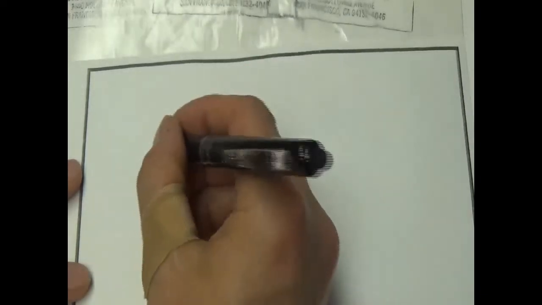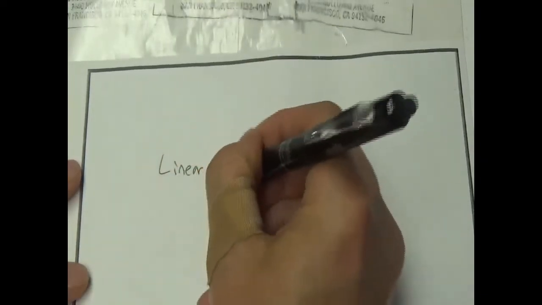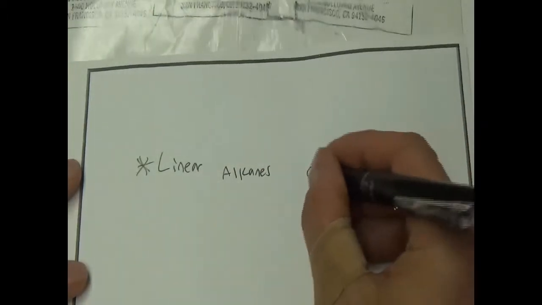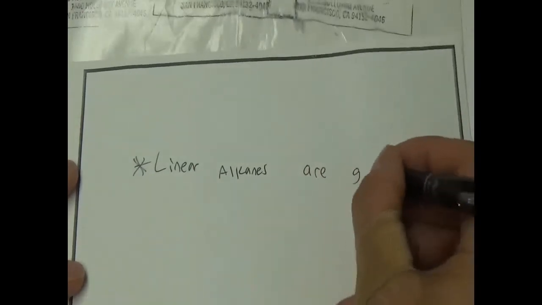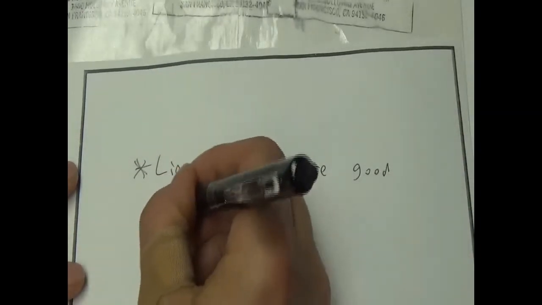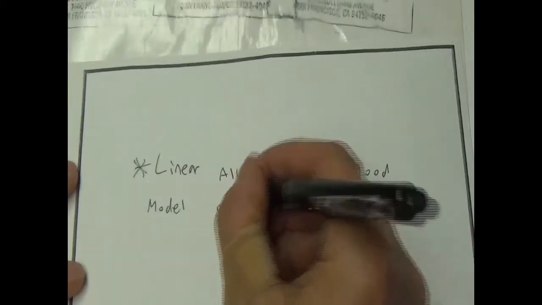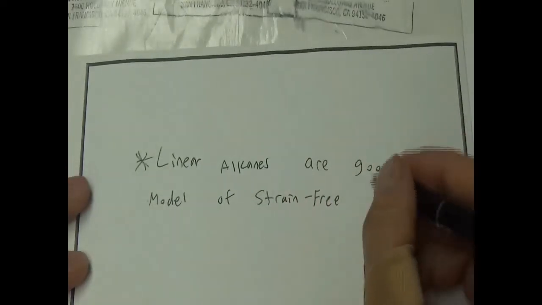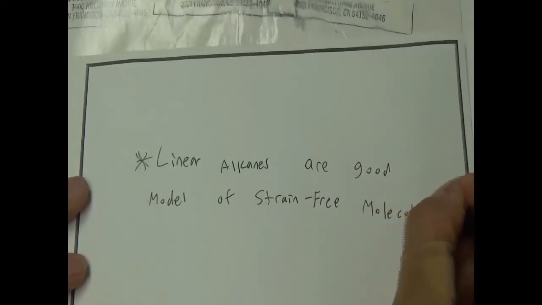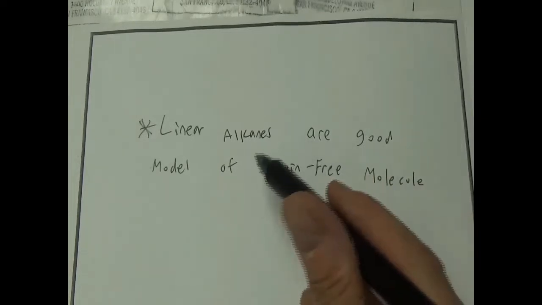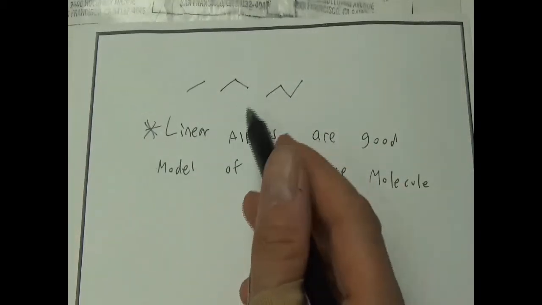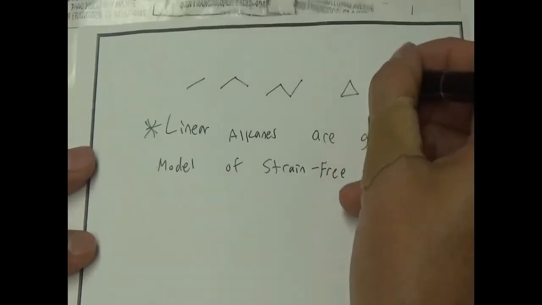And these linear alkanes are a good model of a strain-free molecule. If we have a series of linear alkanes like ethane or propane or butane, there's no strain in those in terms of the structure, the way we have in cyclopropane or cyclobutane.